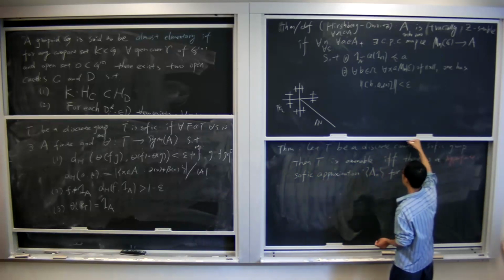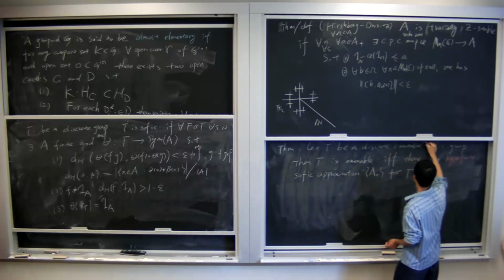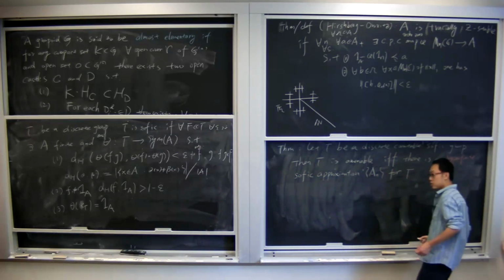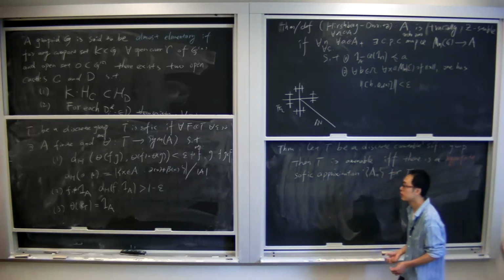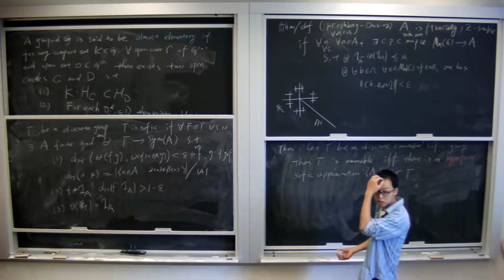Of course, here we want countable finitely generated sofic groups because you cannot define the sofic approximation in a proper way.